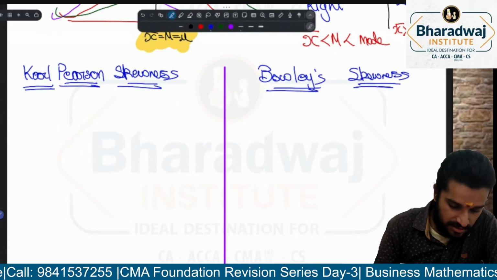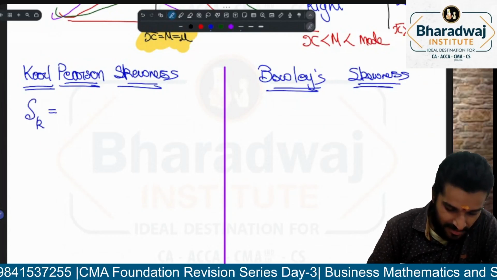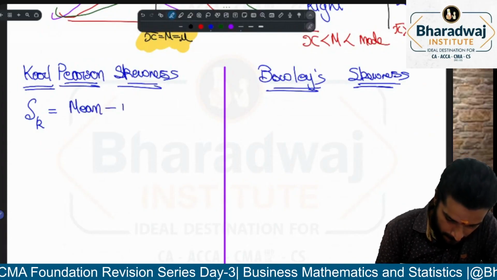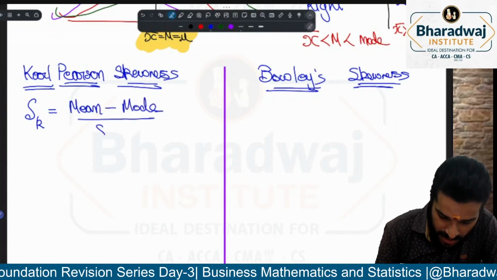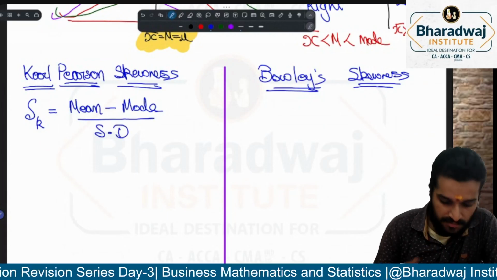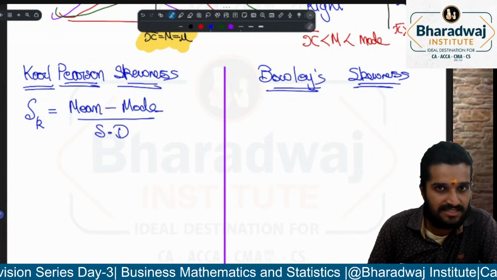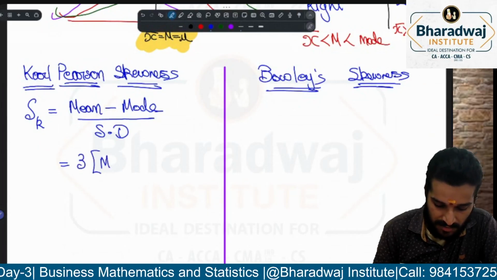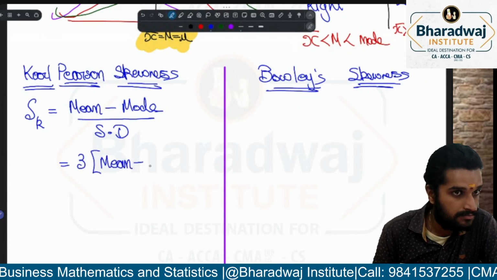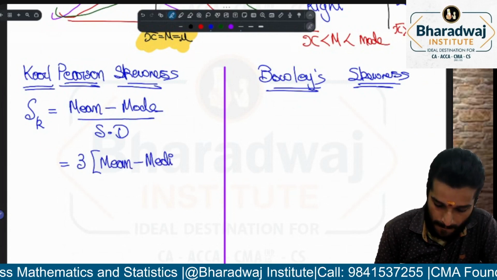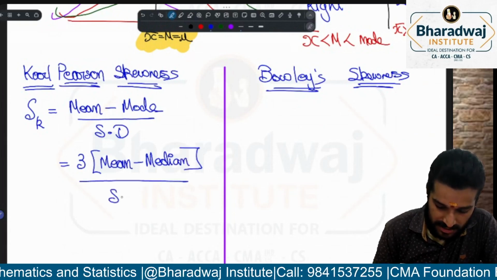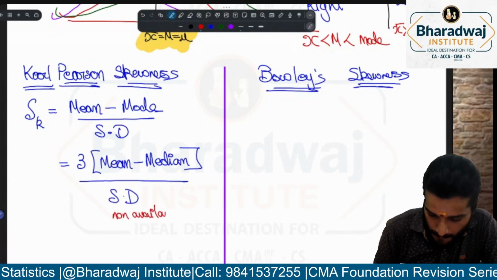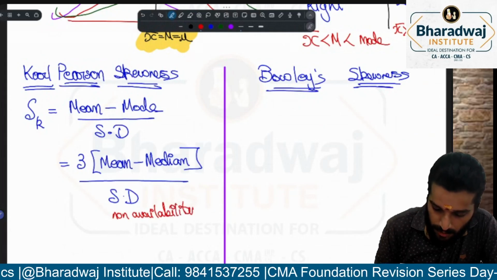When it comes to Karl Pearson skewness, it's mean minus mode divided by standard deviation. In case of non-availability of mode, we can also use the formula 3 times mean minus median, divided by standard deviation.